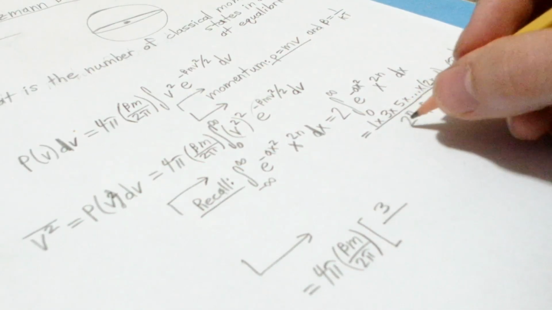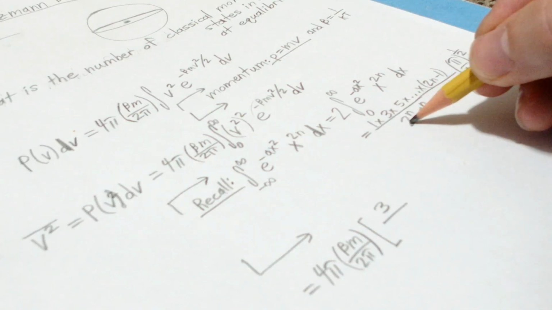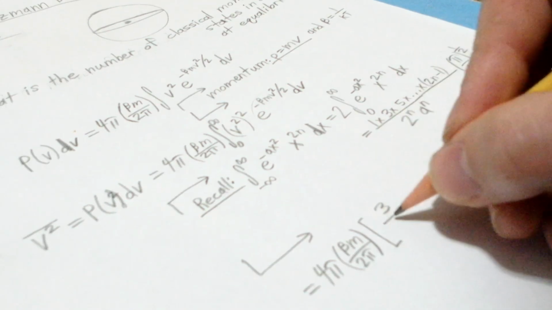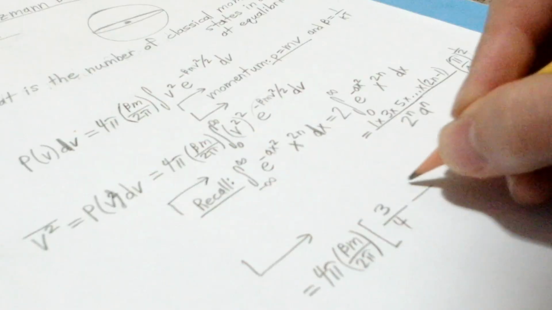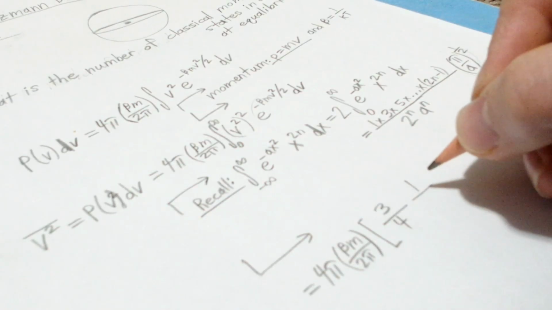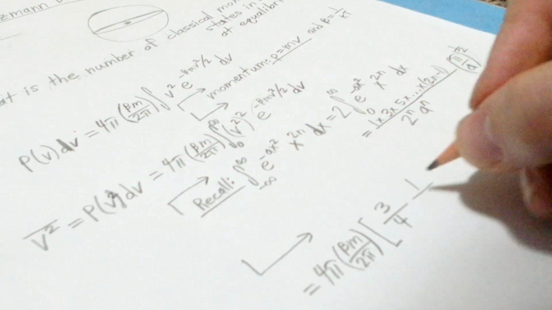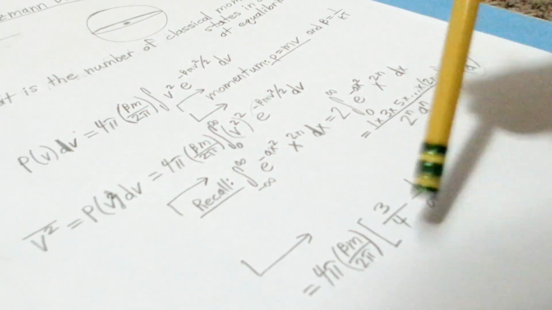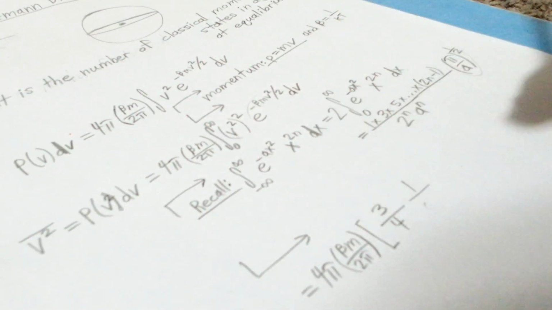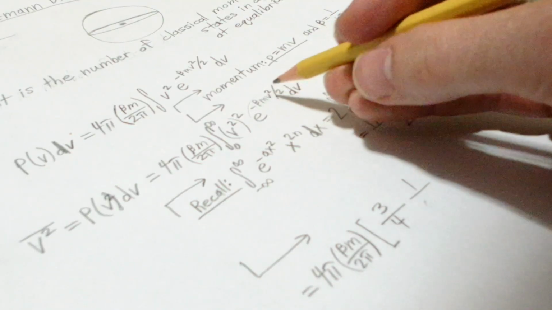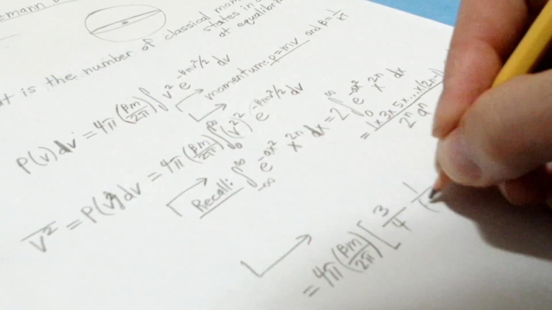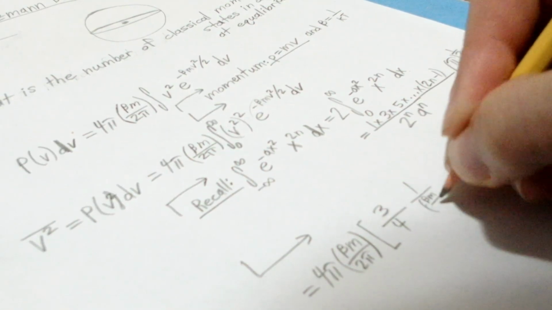And then our 2 to the n, 2 squared, that'll be 4. And this will be 1 over our constant, which will be beta times m over 2. That'll be squared.